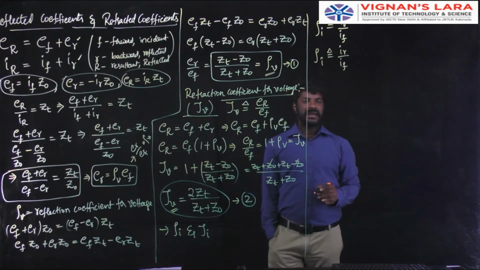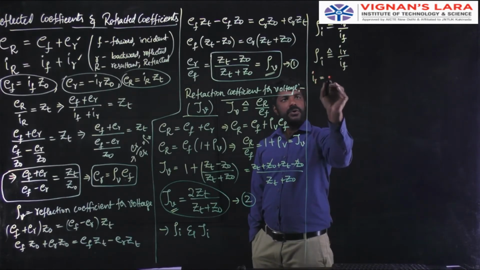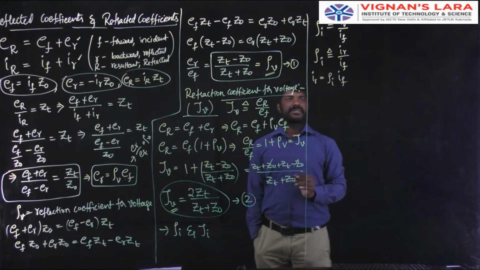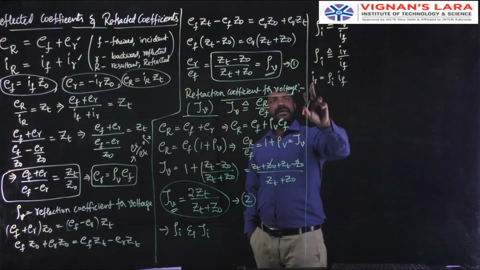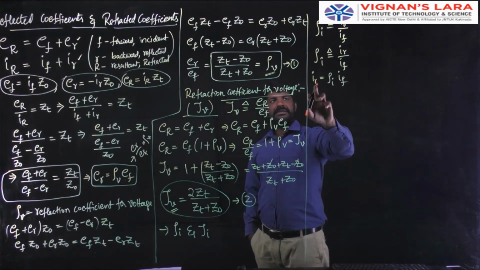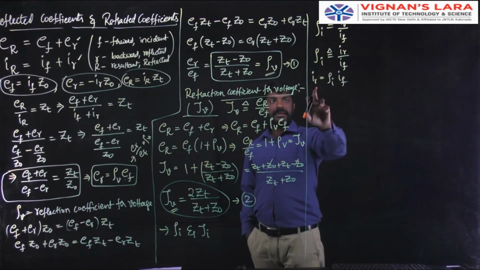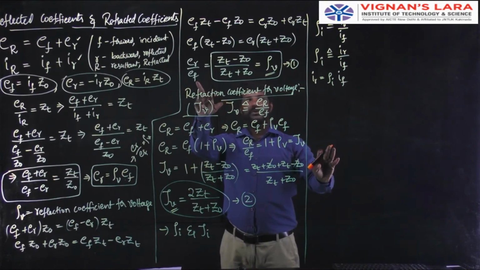So the IR value is equal to rho I times IF. So we have to get the reflected value of the current in terms of the incident current with its coefficient called rho I.